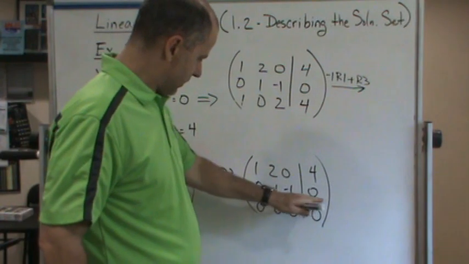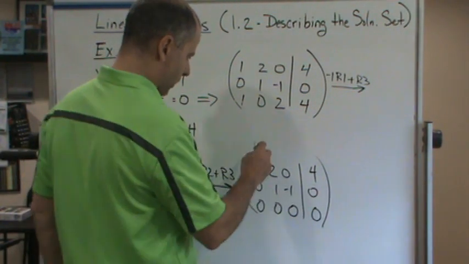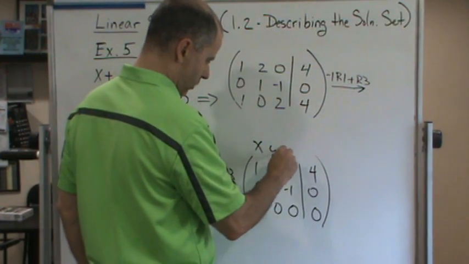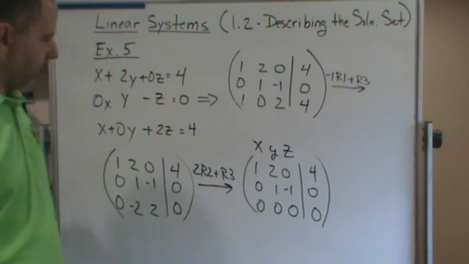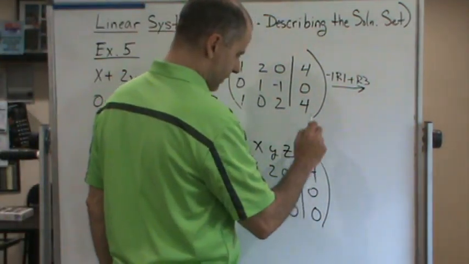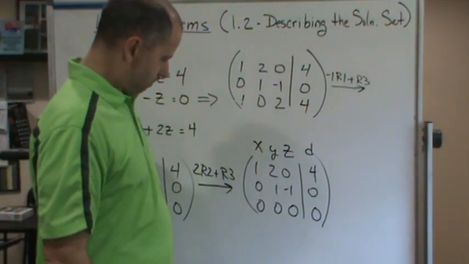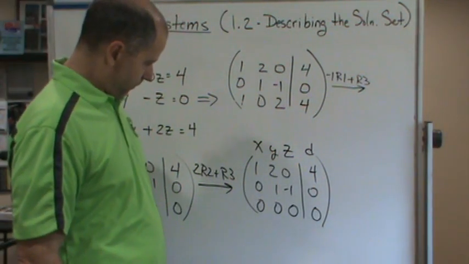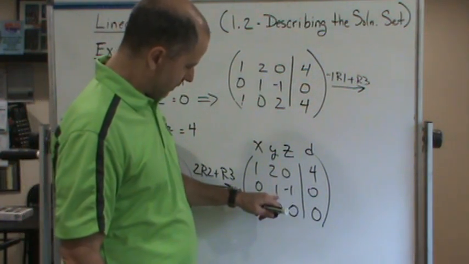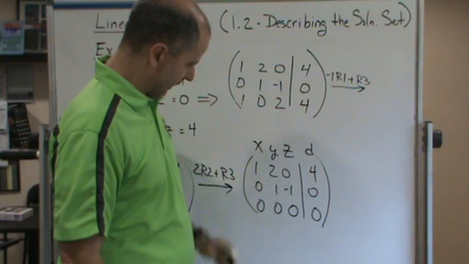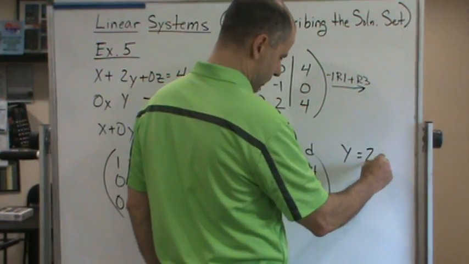Well, this second row tells us, if we write x, y, and z, and remember back to the first video, that y is equal to z.